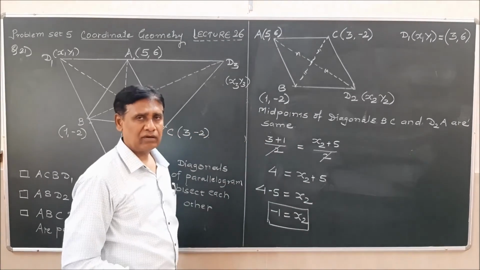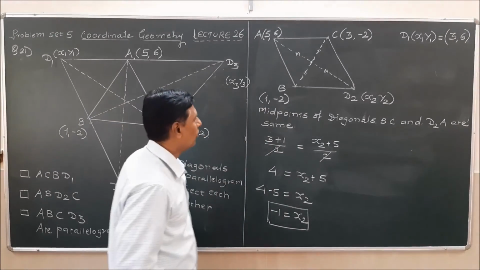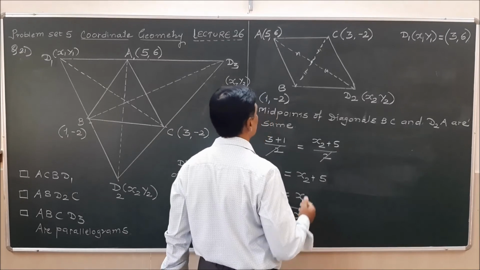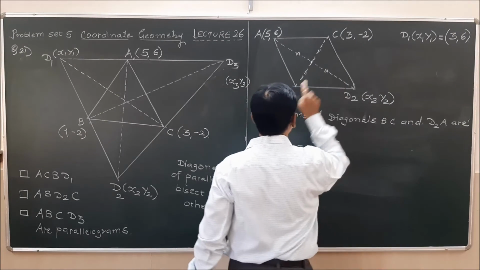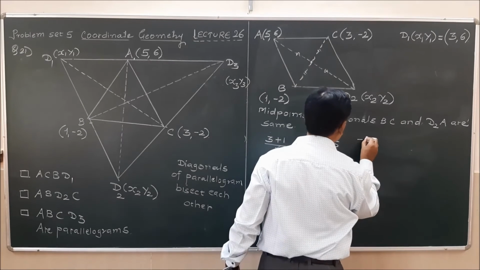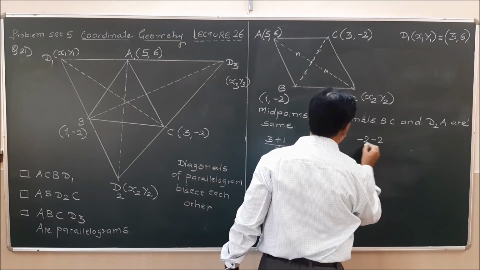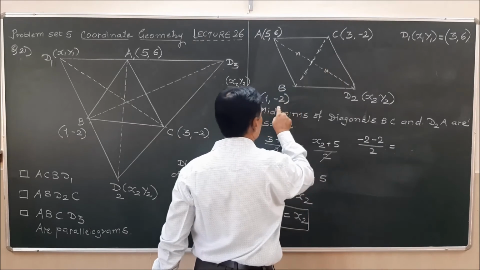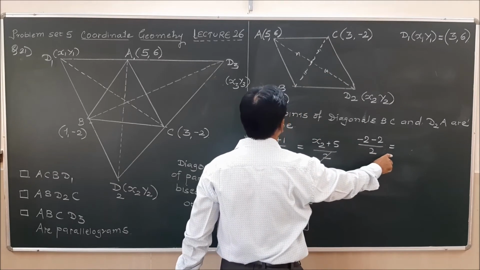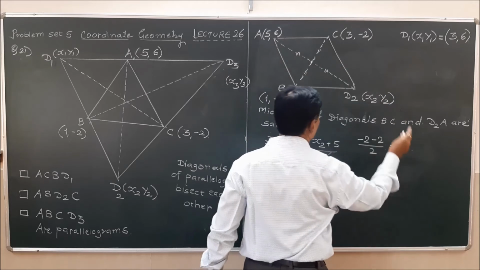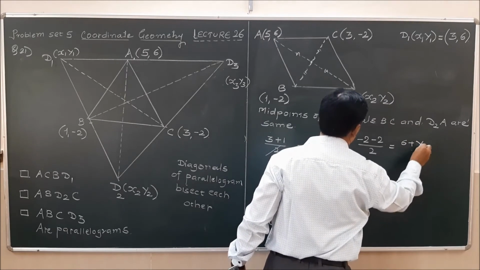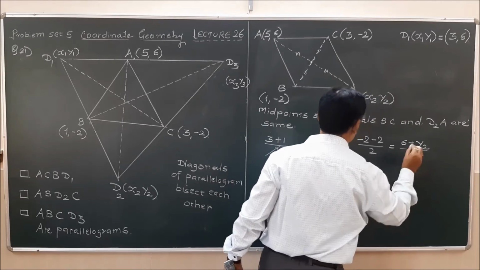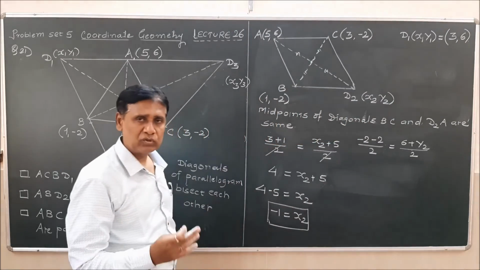Now I am going to find out y2. For y2, please try to understand, dear students. Minus 2 upon 2 is equal to 6 plus y2 upon 2.